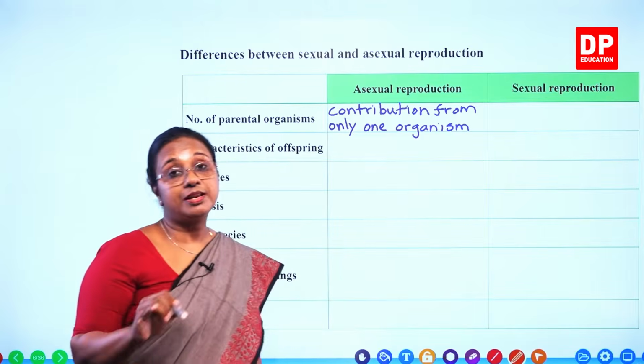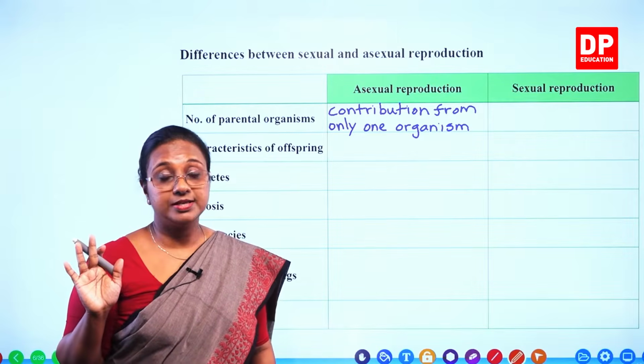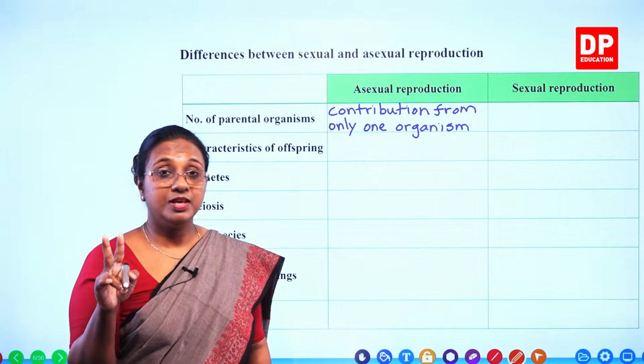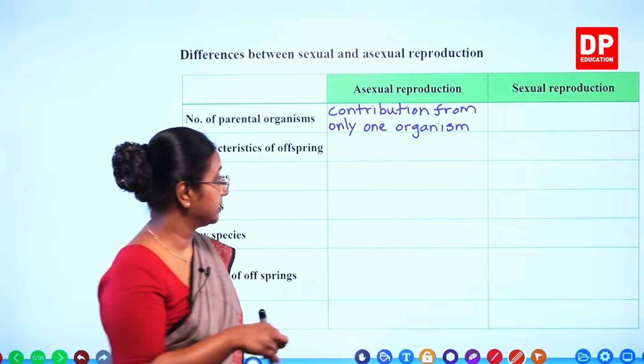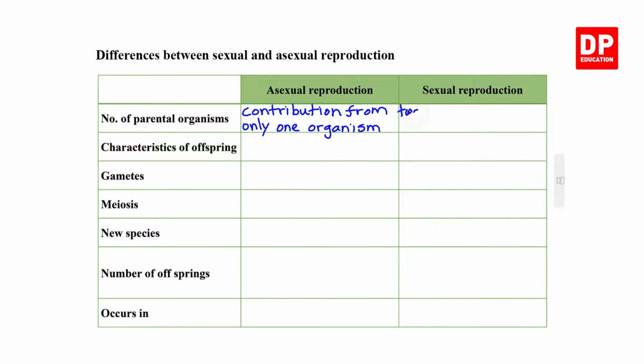But in sexual reproduction, there has to be male and female organisms. So, there need to be two organisms involved. We call them the maternal and paternal organisms. Here we can say two organisms are involved.